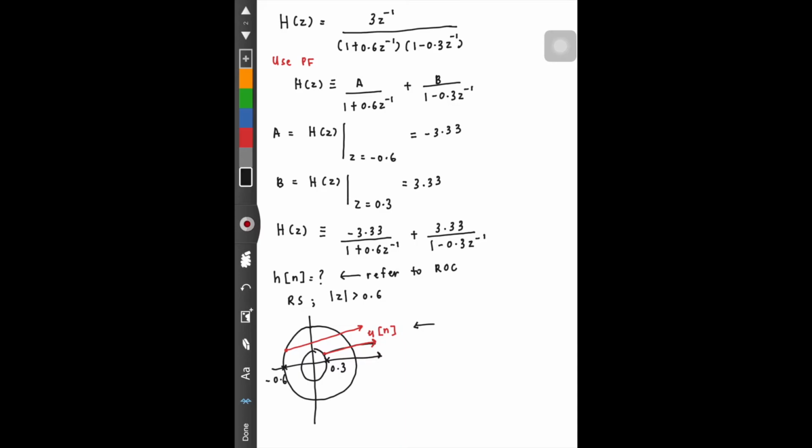To get Hn you need to find the inverse Z transform of Hz.